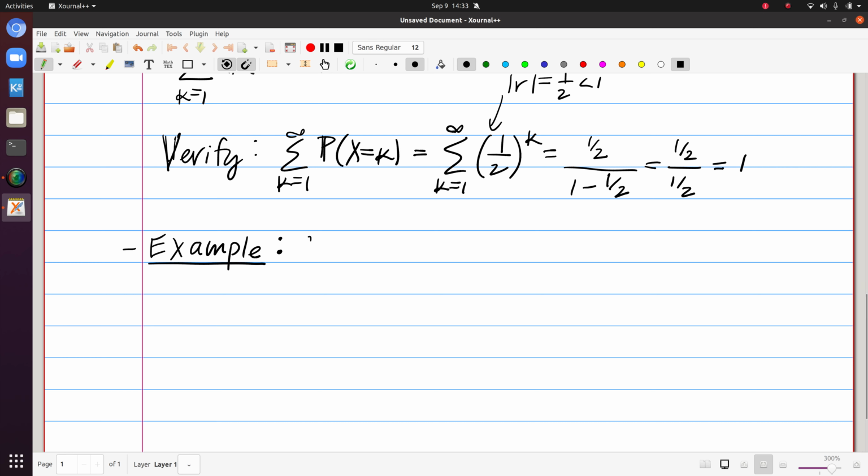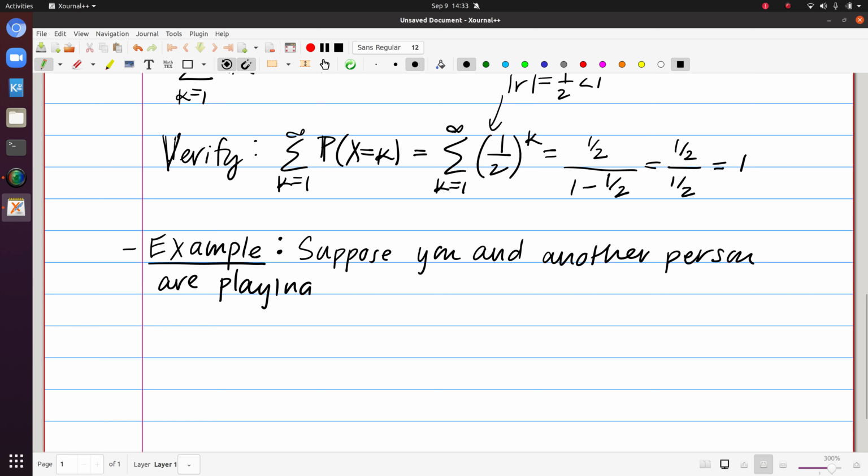In this instance, we're going to suppose you and another person are playing some kind of game, so a dice game. In this game, you take turns rolling a die.